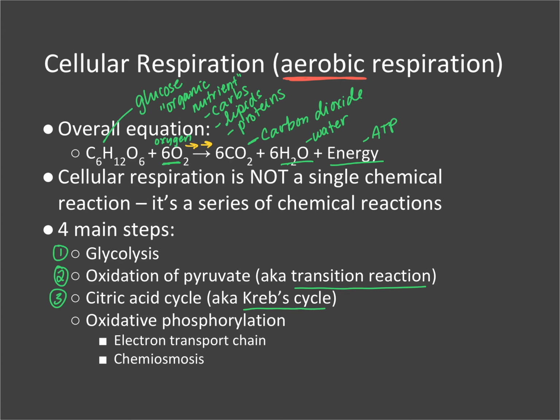But they've updated the name because the new name actually makes a lot more sense because it tells you a little bit about what's happening in that cycle because there is citric acid involved. And then the 4th step is going to be our oxidative phosphorylation, which has 2 sub-steps of the electron transport chain and chemiosmosis.